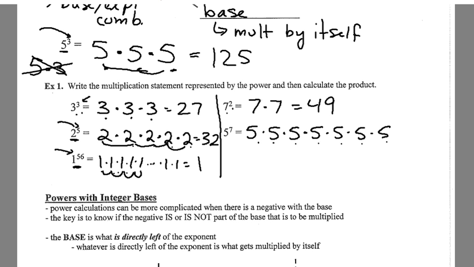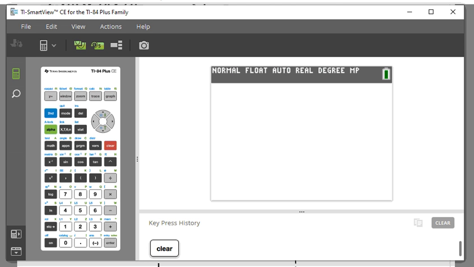Now, very quickly, on your calculator, if I pull up my calculator, there's a button here, a little arrow you see pointing up. That, on a graphing calculator, which is the TI which we're hoping you have for this course, is the button that tells you to go to an exponent.